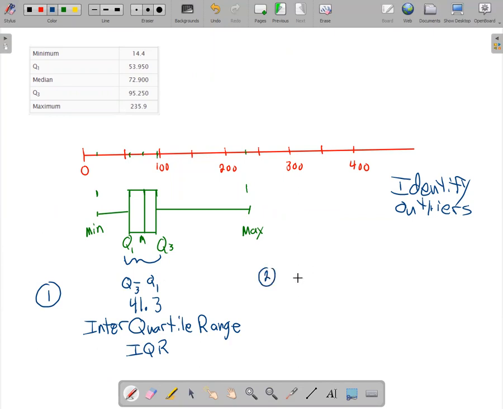Step 2 is we take that IQR and we multiply it by 1.5. We basically make it 50% wider than it is. So we're going to take 1.5 times the IQR. All right, calculator says 61.95 for these numbers.